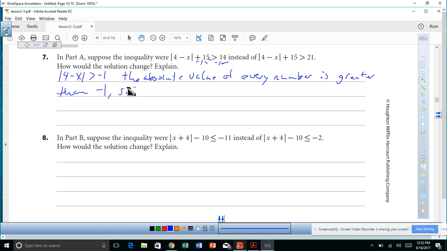So the solution is all real numbers. Is the absolute value always greater than -1? Well, because absolute value is always a positive number, so it is always greater than -1.